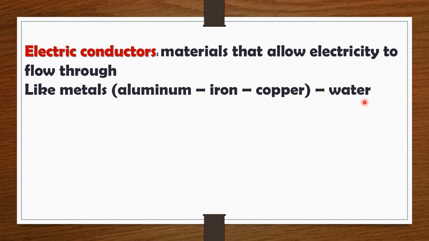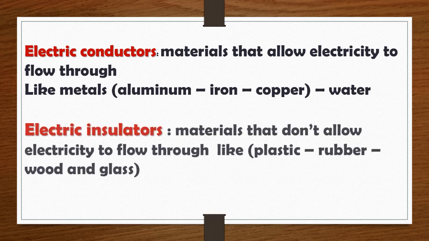Water, my friends, is a good conductor of electricity. So all metals like aluminium, iron, copper, gold, silver are good conductors of electricity as well as water. Electric insulators are materials that don't allow electricity to pass through, like plastic, rubber, wood, glass, and so on.